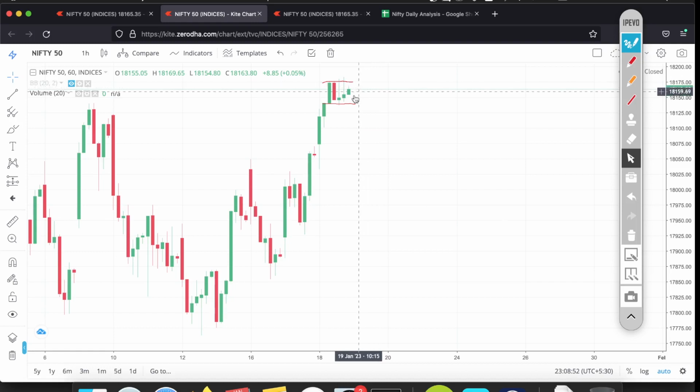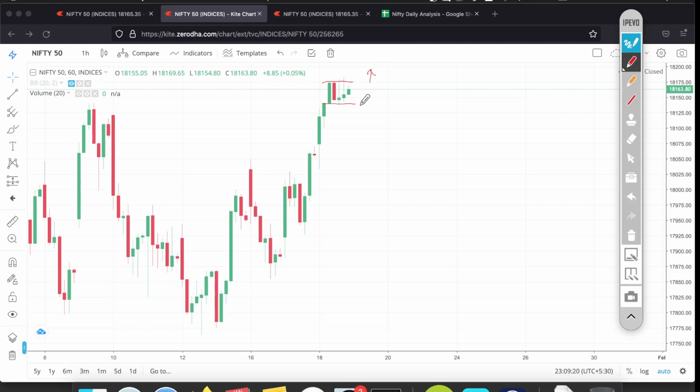So what this means is during the next session, if price manages to break above this 18,174 level, we can see more upward momentum. The rally can resume.